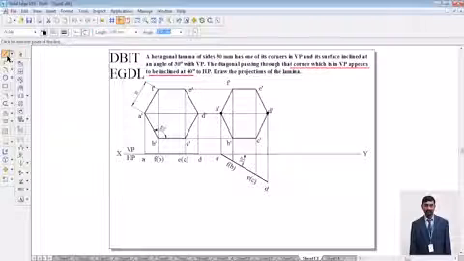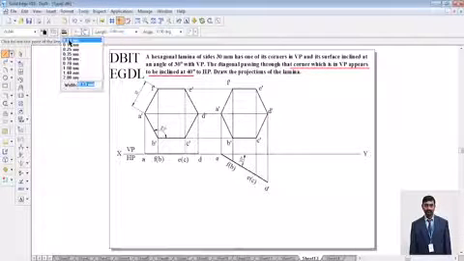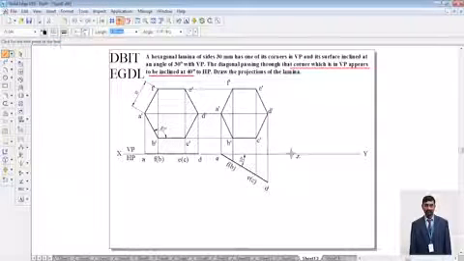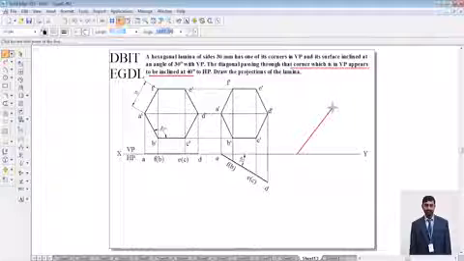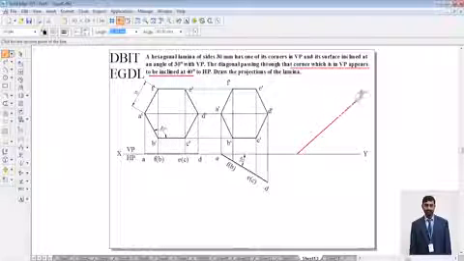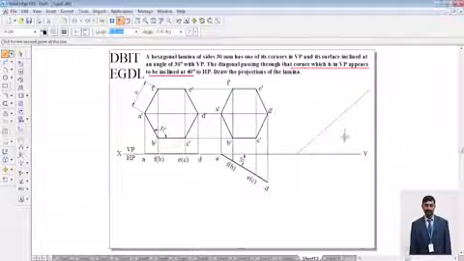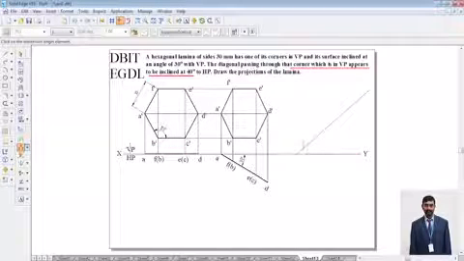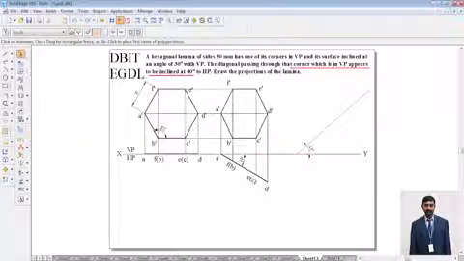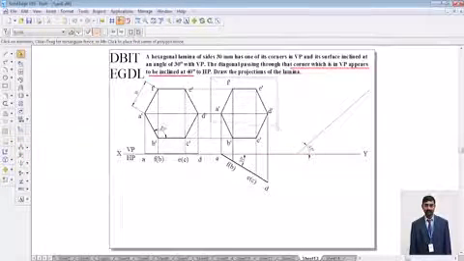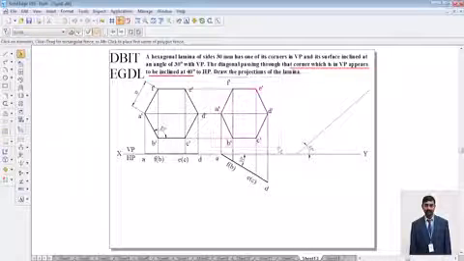For that, go to the line command and take a thin line. Draw a line at an angle of 40 degrees to the XY line. Next, select this hexagon in the second position.